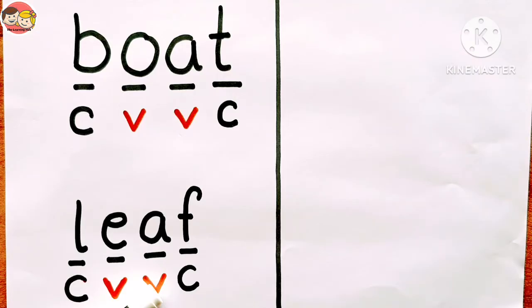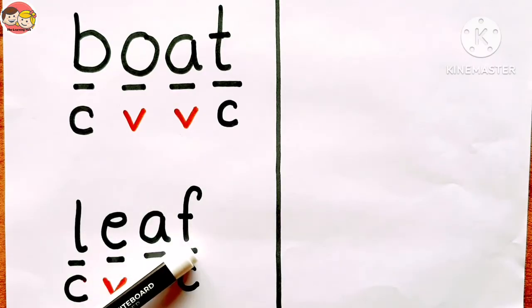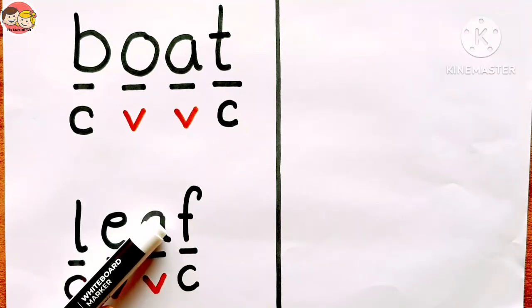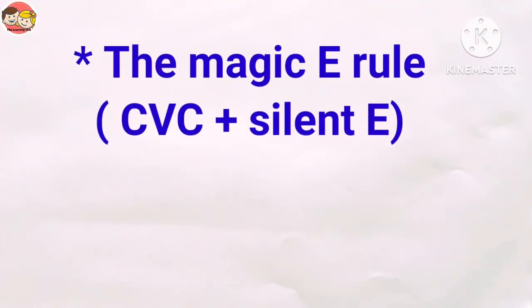So let's sound it out. L, E, F, leaf. L, E, F, leaf. A is silent. Shh. Let's look at the next rule.